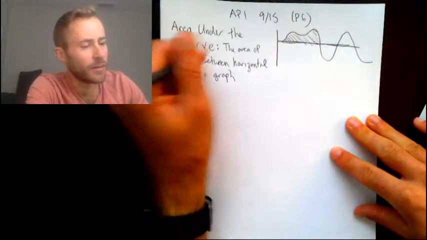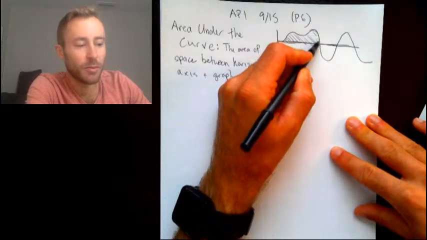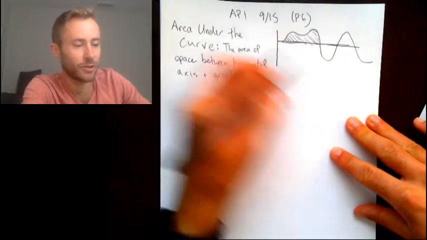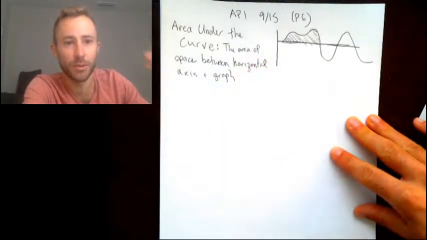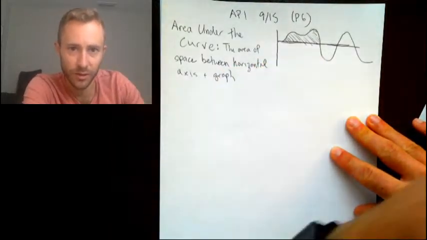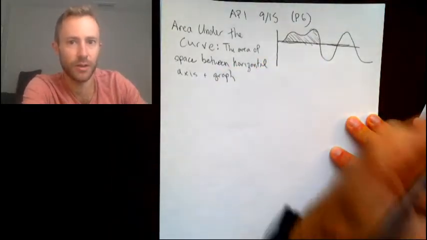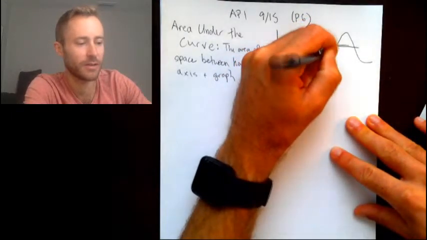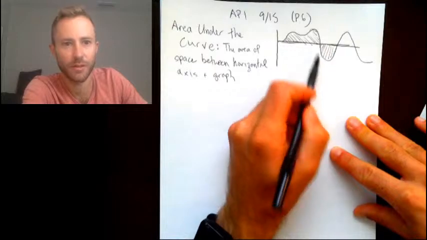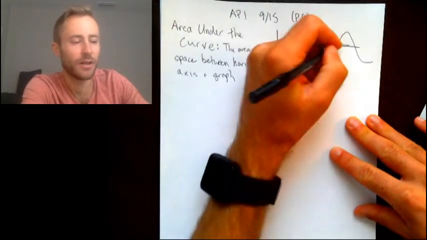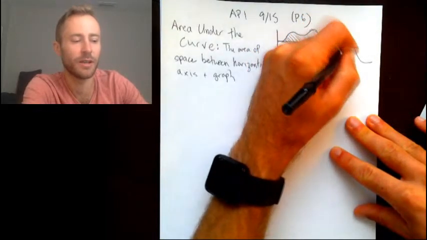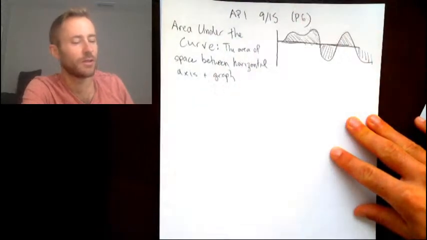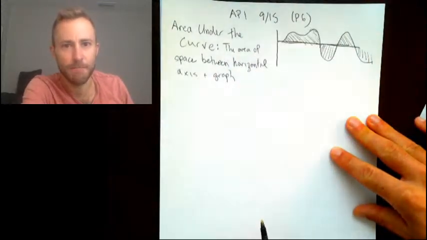And then if the graph dips below the horizontal axis, then we don't shade below. It's not just shade below, it's shade between the horizontal axis and the graph. So in this case, we would shade that area. So the area under the curve is the area of that space. And then once it goes above, we again shade down, and once it goes below, we shade in below. Okay.